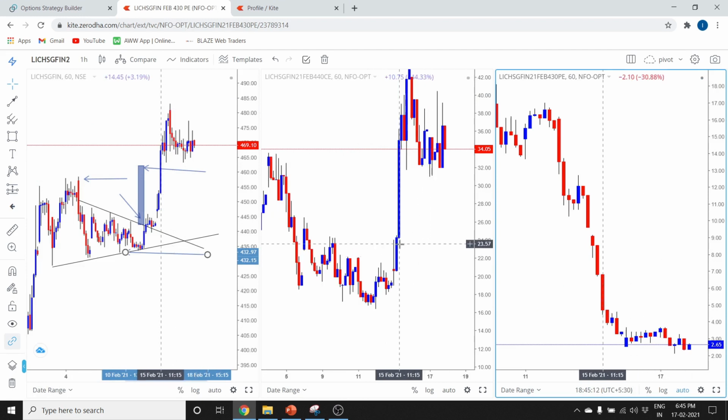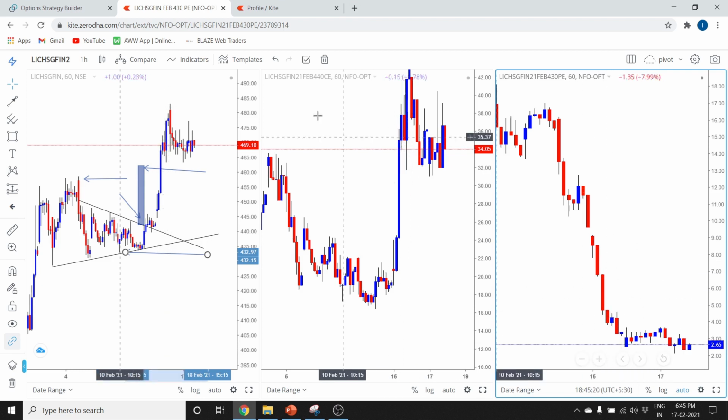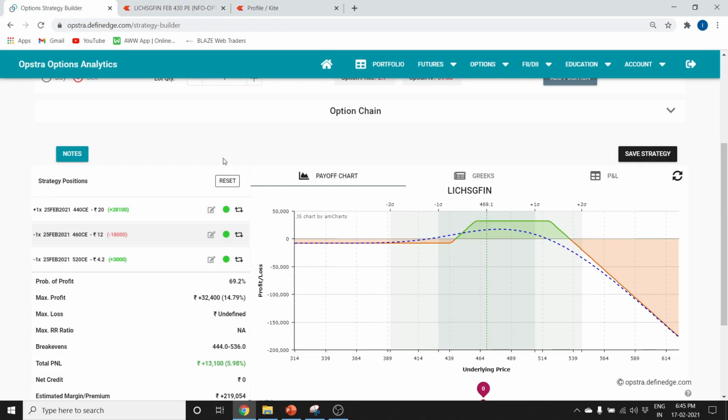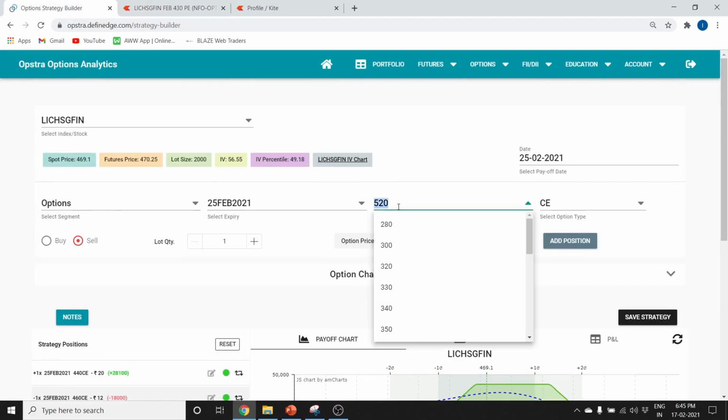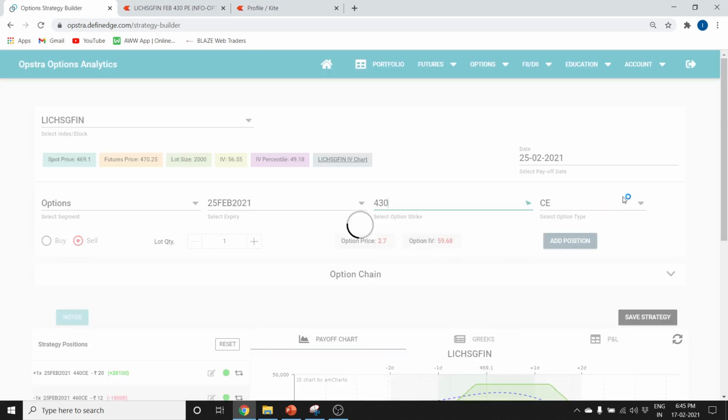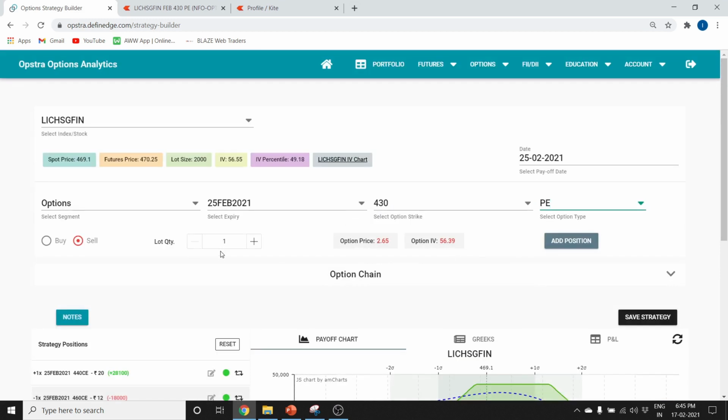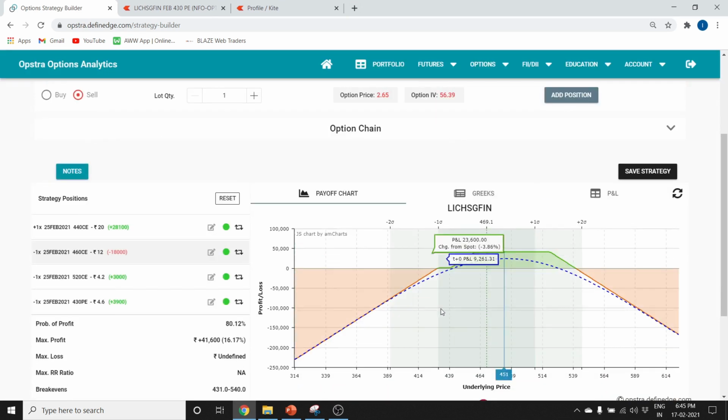When we sold the call on this candle, this put was trading at 4.6. We can also sell the 420 put, that is also fine. 4.6, add. Now can you see? Wait, I'll just zoom it.